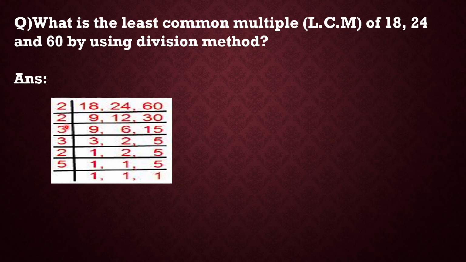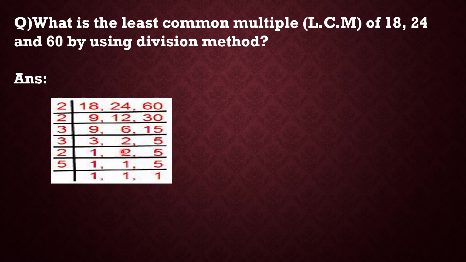Then with 3, let us go ahead: 3 3s are, 3 2s are. If you want to do it with 2 here itself, you are allowed to. So 3 3s are 9, 3 2s are, 3 5s are. Next 3 1s are, and 2 we write as it is, 5 we write as it is. See here, we actually got prime numbers, both are prime numbers only, no?